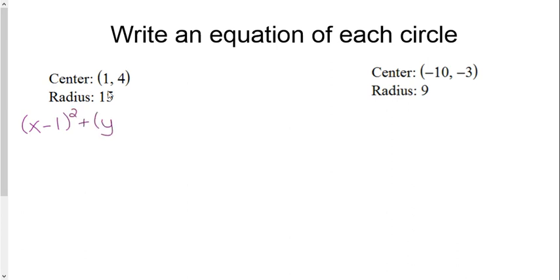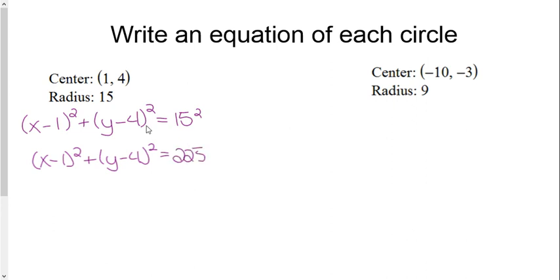This 4 is positive in the center, so it becomes a negative in our equation. Square this, and it is equal to our radius squared. On the next line, we'll write (x minus 1) squared plus (y minus 4) squared is equal to 225. You could have skipped this first step and just written it like that. That's completely fine. Here's just showing you what we did for each one of them.